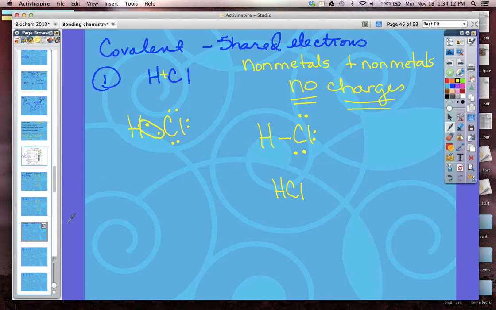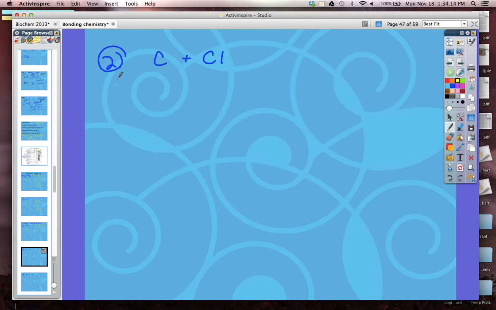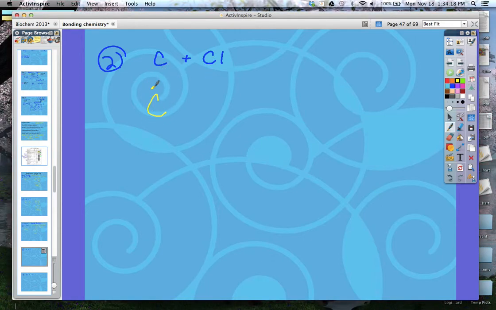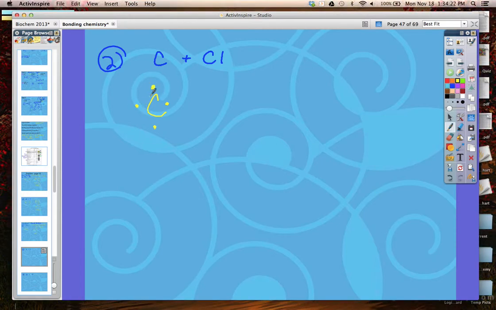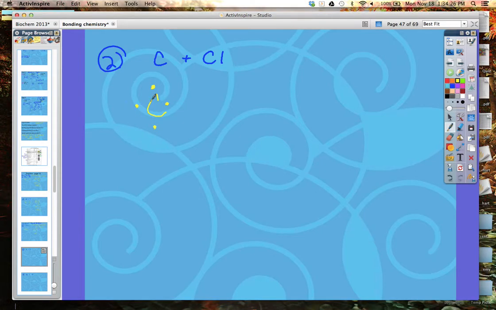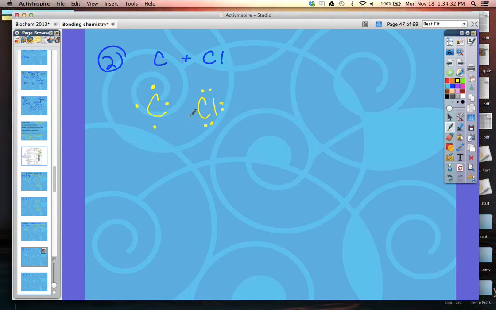If I look at number 2, I've got carbon and chlorine. Carbon has 4 electrons. And we know that carbon likes to be the center of attention, likes to be in the middle of compounds because it can easily make 4 bonds. Chlorine has 7, which means it only needs to make a single bond to share its electrons.